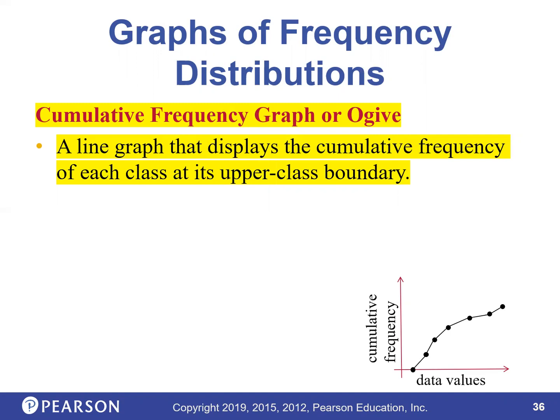Remember that cumulative frequency one? It's the one where you add the class to the next one, to the next one, to the next one. This is the graph for this guy. It's for the ogive, and you just keep on adding up.